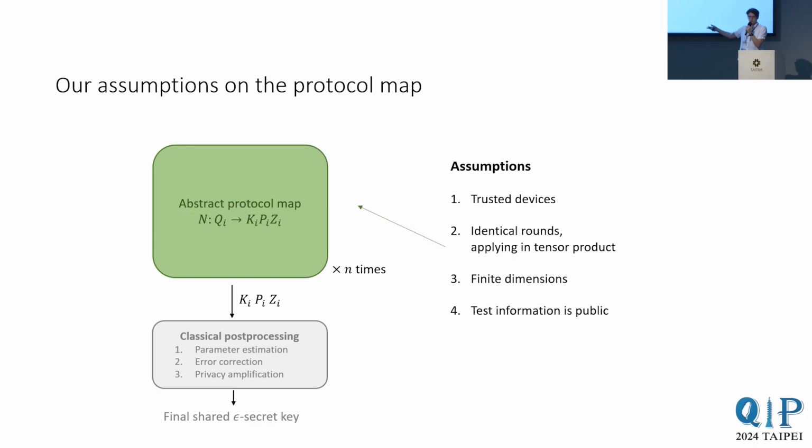So this security proof assumes that you have characterized your device. Maybe a possible solution to this would be to prove continuity results, where we know that if your protocol map is epsilon close to the protocol map you consider, then your key rate must also be close. This could be a possible solution to this problem.